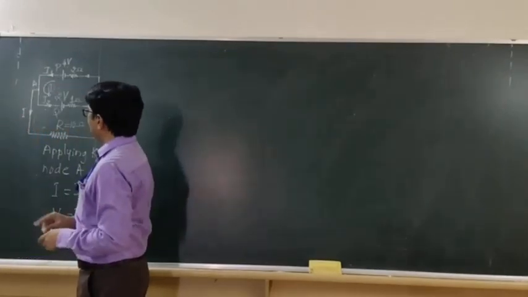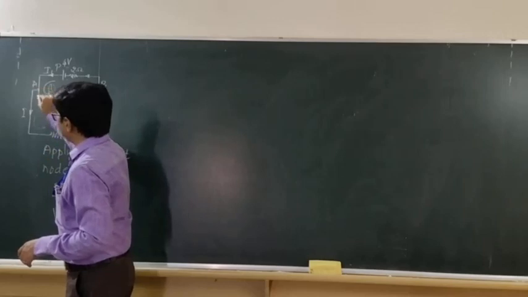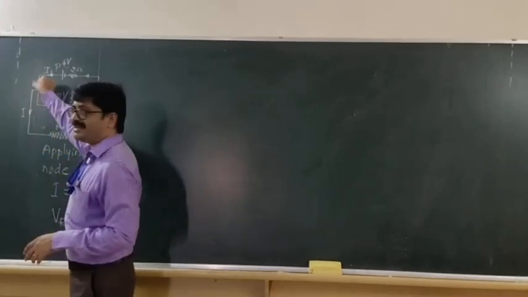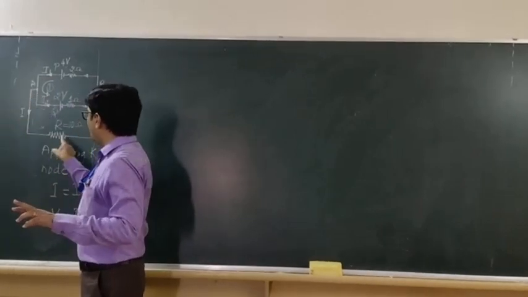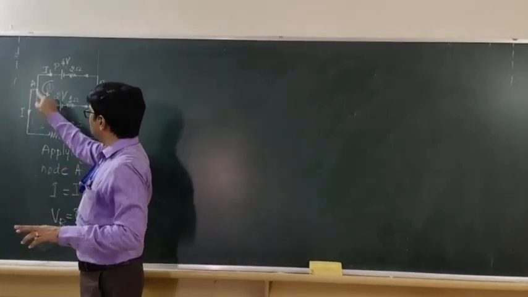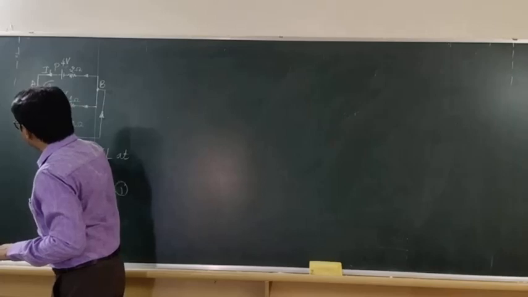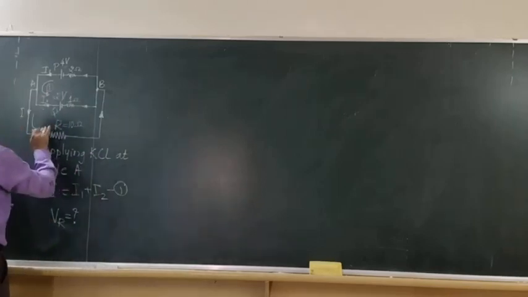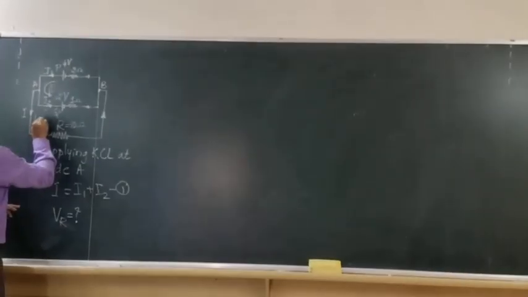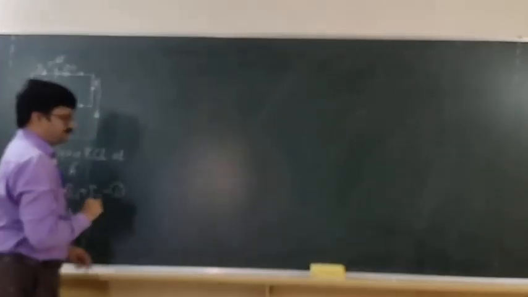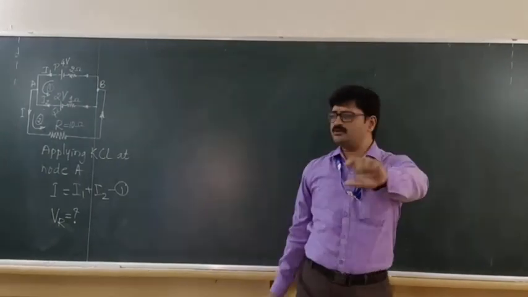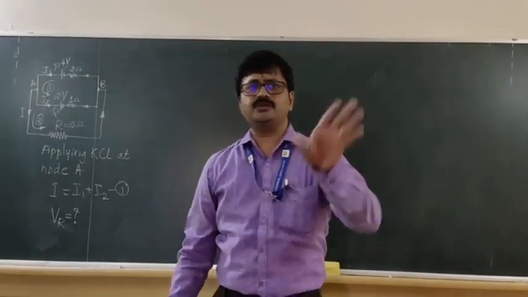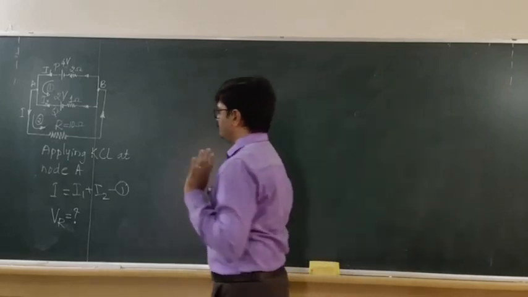Then second loop I am considering in this way, ARBQA. So hence second loop direction I will mark it like this, as number 2. Because there are 2 unknowns, I require 2 loops. From those 2 loops I will get 2 equations. That is what I am doing here.